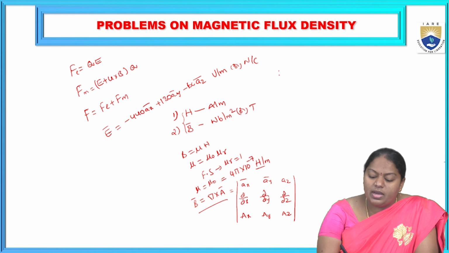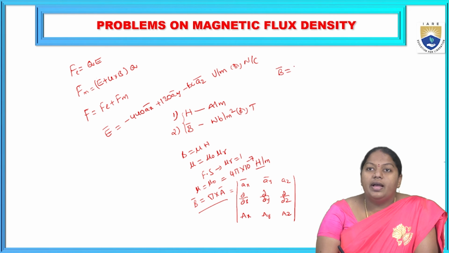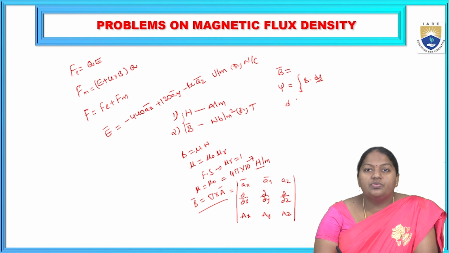And the relation between magnetic flux density B bar and the magnetic flux psi is given here. Psi is equal to integral S B dot ds. Depending upon the B direction, we write the formula for ds. If you want to write the differential components for the Cartesian coordinate system, then it is dx, dy, and dz.